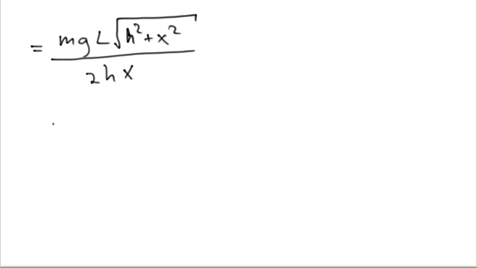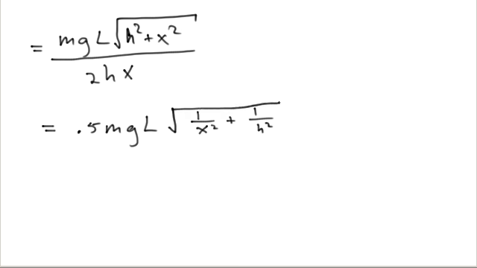So I'm going to write this as 0.5 mgl times the square root of, inside the square root these become squared, so it's h squared over h squared x squared, which is just 1 over x squared, plus 1 over h squared. And that's the FT.